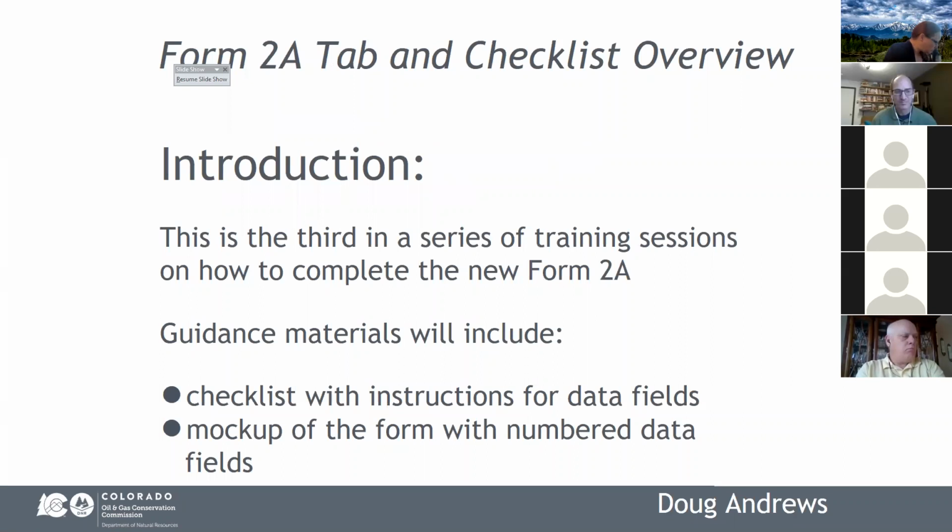So I believe this is the third in a series of training sessions on how to fill out the Form 2A. The first one, I believe, was last Tuesday, where Sabrina Trask presented the alternative location analysis tab. And then last Thursday, me and several of my other colleagues presented some of the tabs on the 2A that have some more minor, small changes.